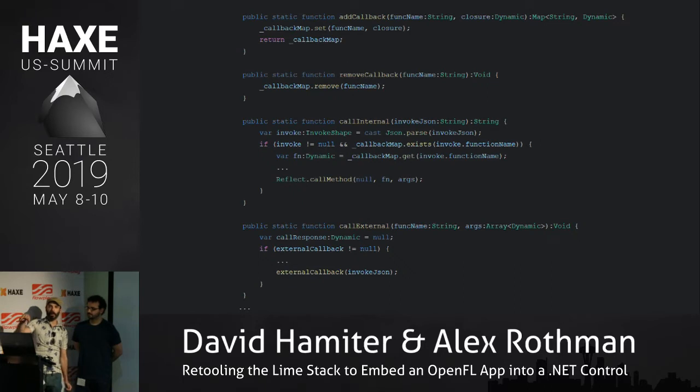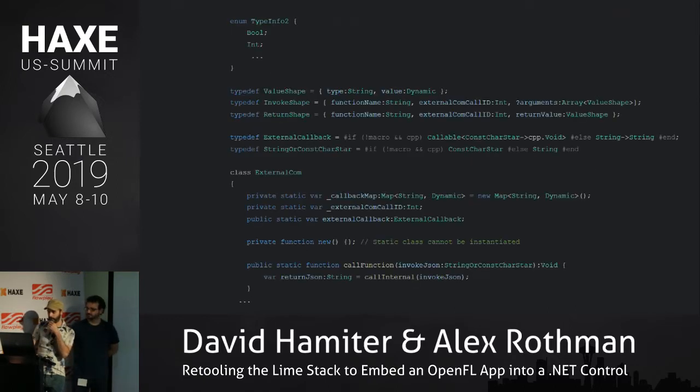I will set up methods on the front, and that's mine. Ah, okay, I see it. Yeah, my mistake, sorry. So that's mine. So I'll just whitelist as many methods as I want to allow access via external comm, and remove them as necessary. And call internal is, on the previous screen, call function. Call function is just the outward layer exposed all the way at the top, so that it'll just pump into my private method for call internal.